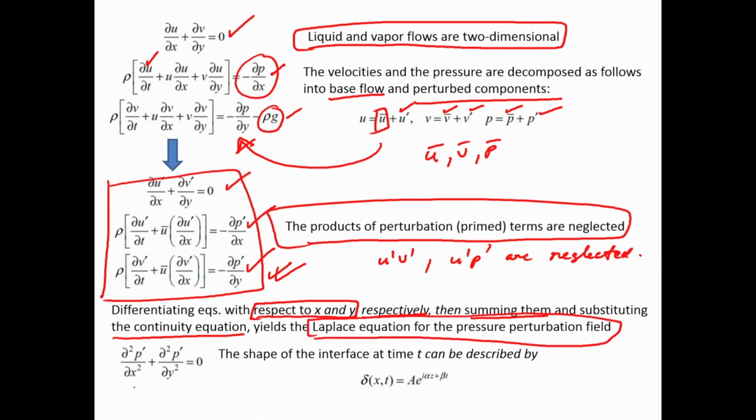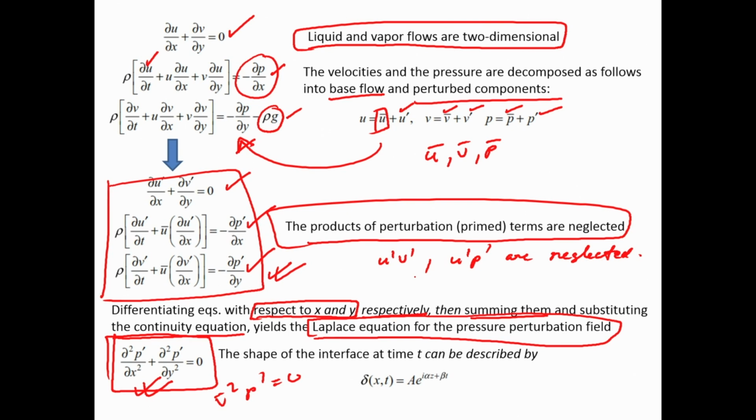So if you do this, you will get this particular equation, which is the Laplace of the pressure perturbation. It is not the pressure, it is the pressure perturbation. So basically we have taken the derivative with respect to x and y, substituted the continuity, summed them, and we get the Laplace pressure field.